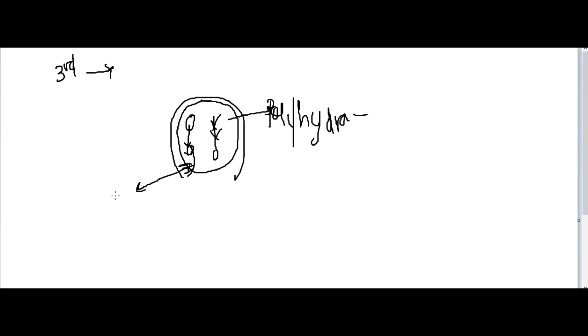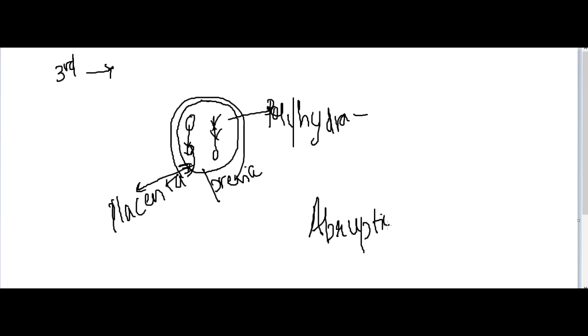So there can be a chance of placenta previa, or even sometimes there can be early disruption of the placenta from the placental blood vessels and uterine blood vessels. So there is a chance of abruptio placenta.